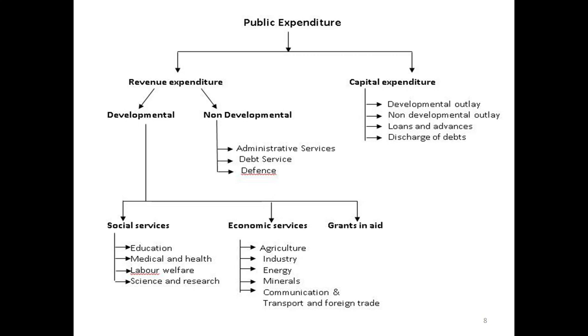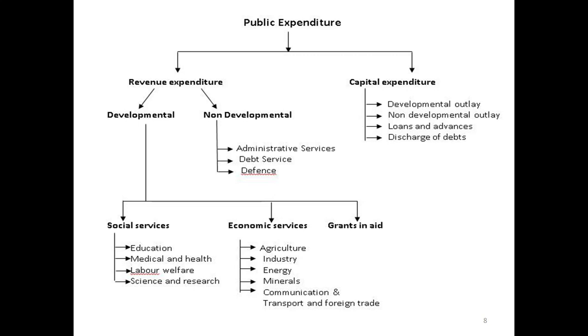When we spend money on medical and health, that's why we say it is development, because if a citizen has good health and a good life, then we are making development.